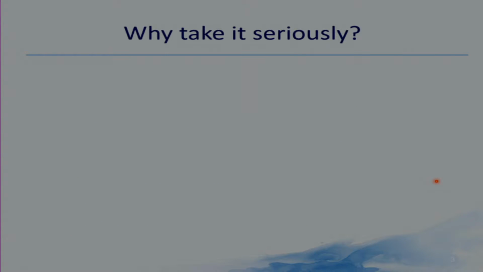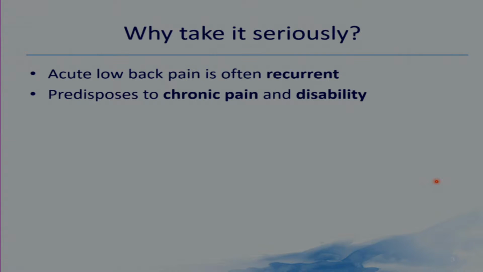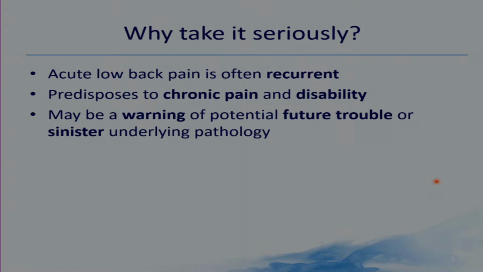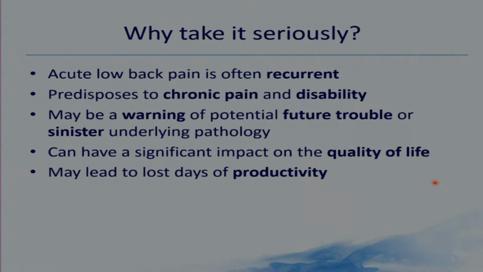So why do we need to take it seriously? Acute low back pain is often recurrent. It predisposes to chronic pain and disability. It may be a warning of potential future trouble or sinister underlying pathology. It can have a significant impact on quality of life. It may lead to lost days of productivity.